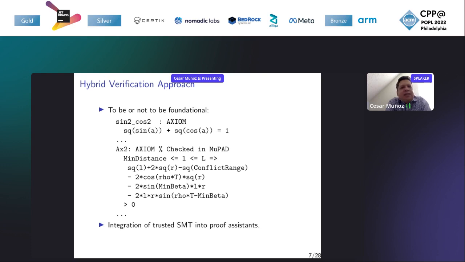There is one theory with all the axioms that we use. If I remember, there are like 5 axioms of this kind, but the rest of the development was really theorem proving. So that is one aspect of the hybrid approach.